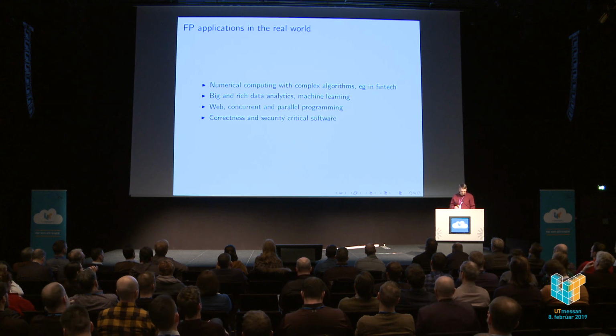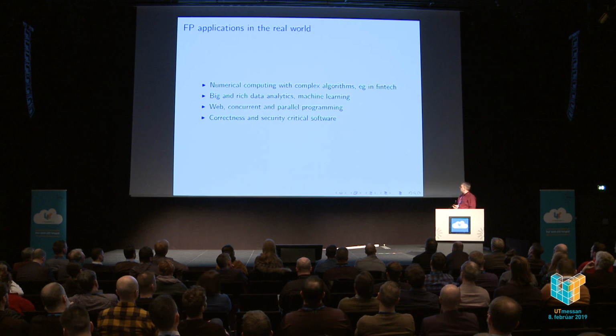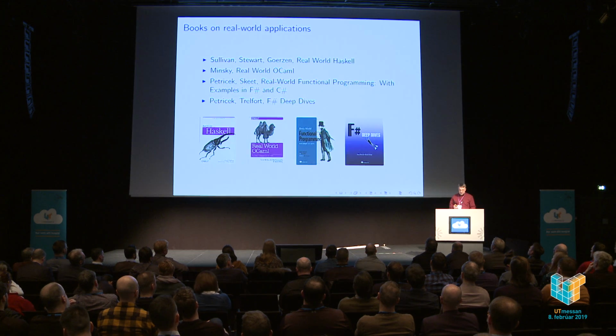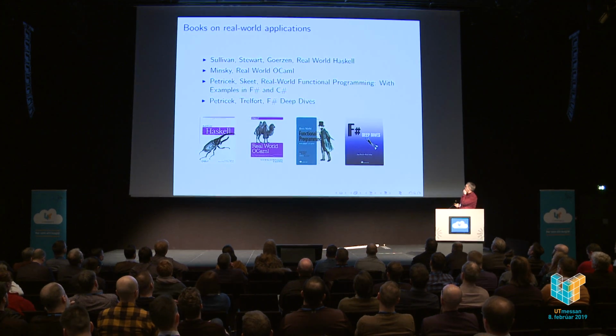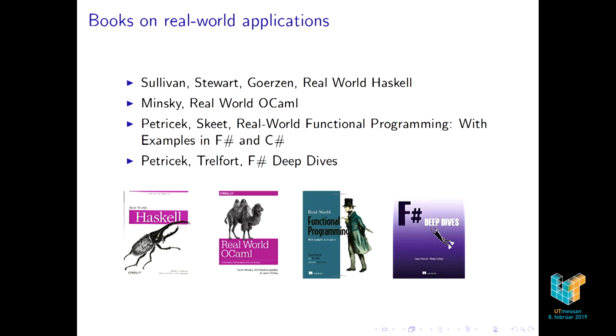So these days you see so many blockchain companies advertising and they want to employ functional programmers. There are some books that advertise real-world applications of functional programming in all major current bigger functional programming languages like Haskell, OCaml, F#.